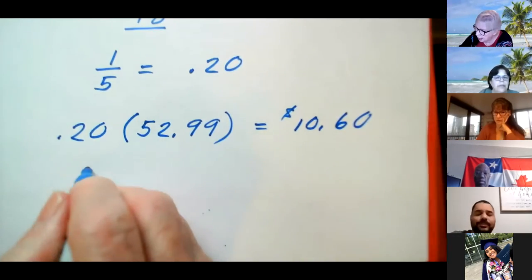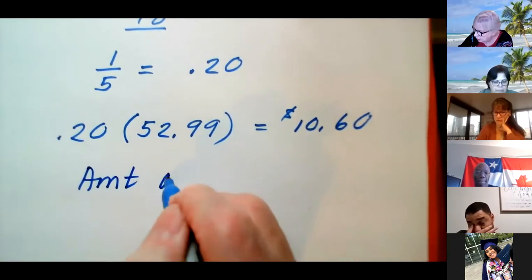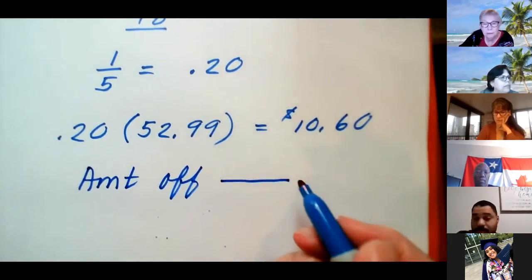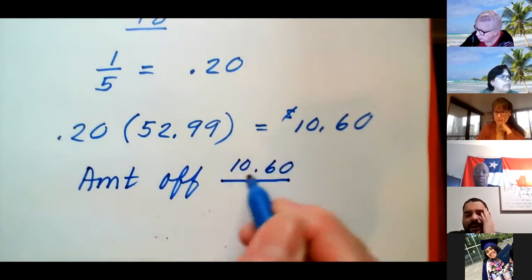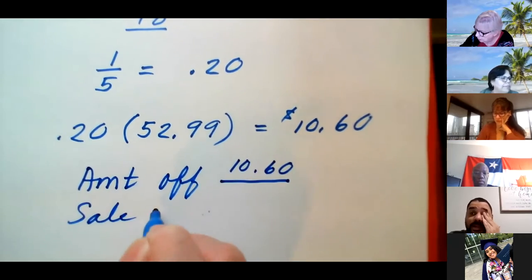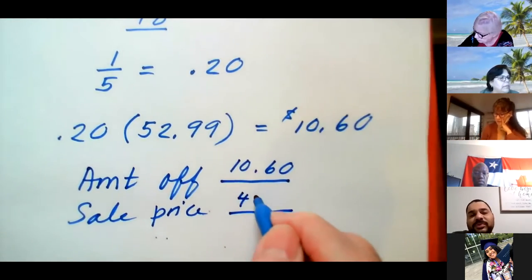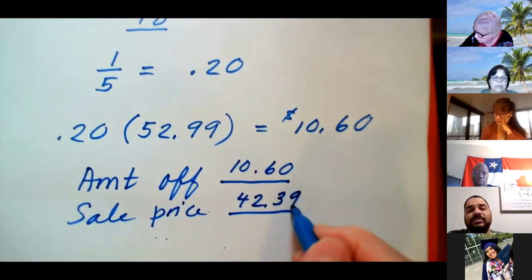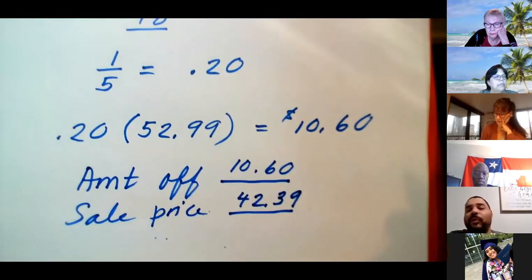It depends on what they ask for. If they say, how much did they take off, that's the amount that they took off. Say it was 52.99 minus 10.20, so it would be like 42.50.